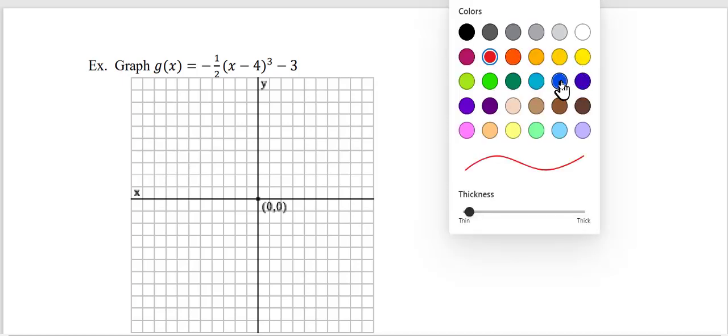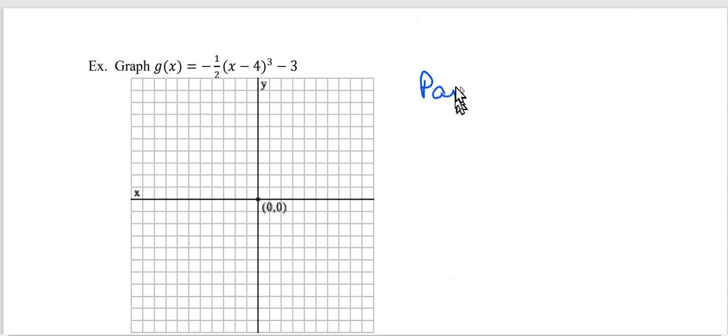Let's look here. I'm going to graph the original function. The parent function here, or that standard function, is y equals x cubed. Goes through 0, 0, goes through 1, 1, it goes through 2, 8. Yeah, we'll stick with that.